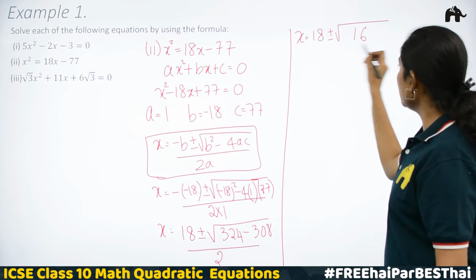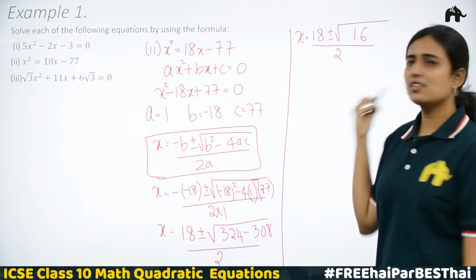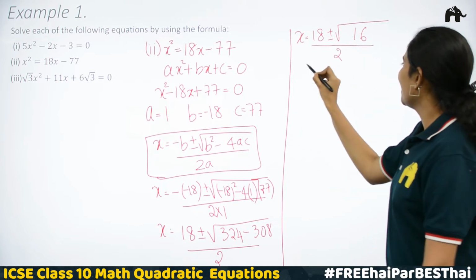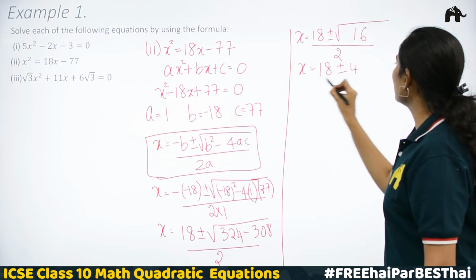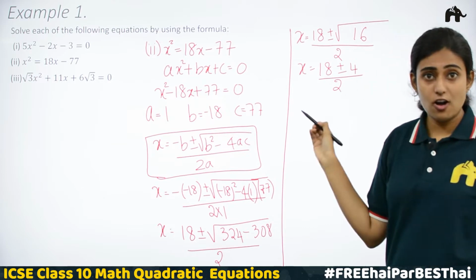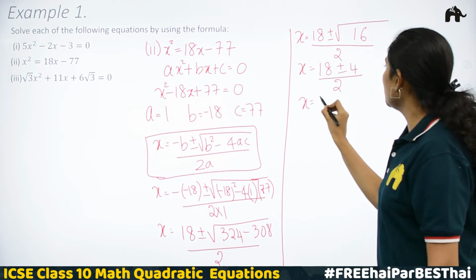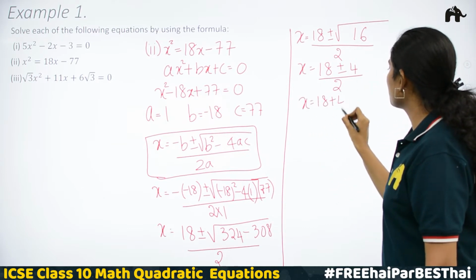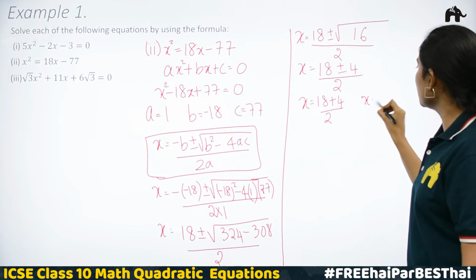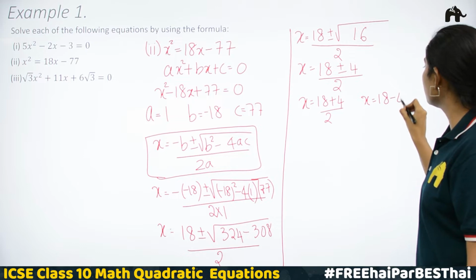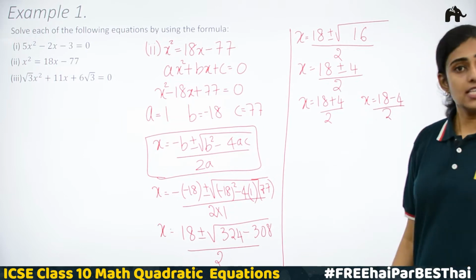Root of 16 divided by 2. What is root 16? 4. x is equal to 18 plus or minus 4 divided by 2, or x is equal to 18 plus 4 by 2 is one root, and x is equal to 18 minus 4 by 2 is the second root.